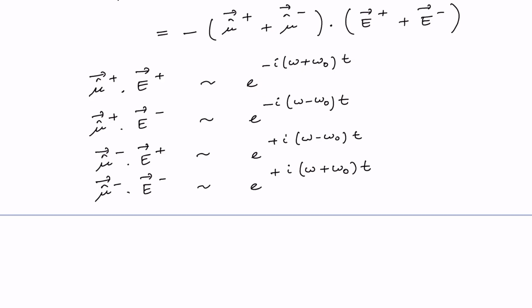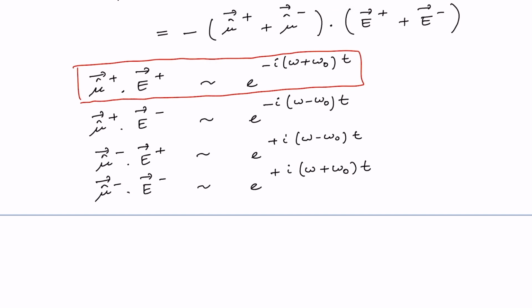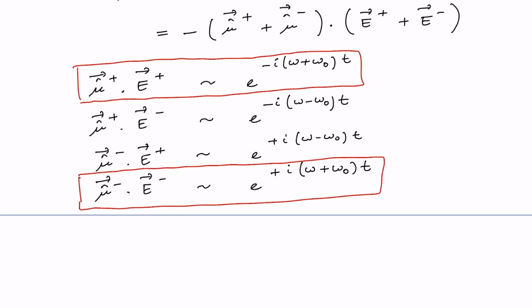Now as you can see from all these terms, the term mu plus E plus is oscillating with frequency omega plus omega 0, which is an extremely highly oscillating part. And mu minus E minus is also oscillating at very high frequency.